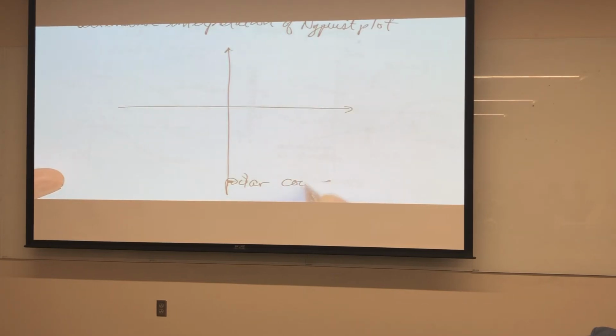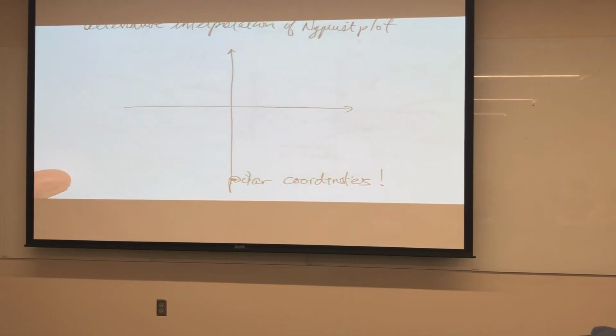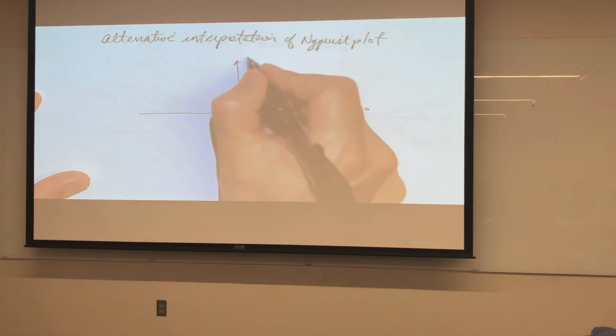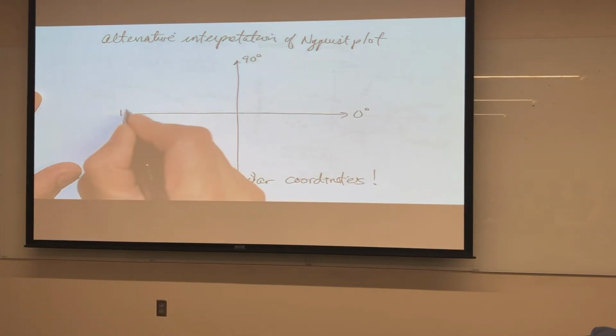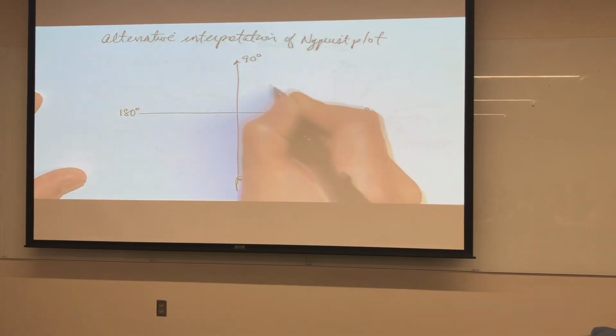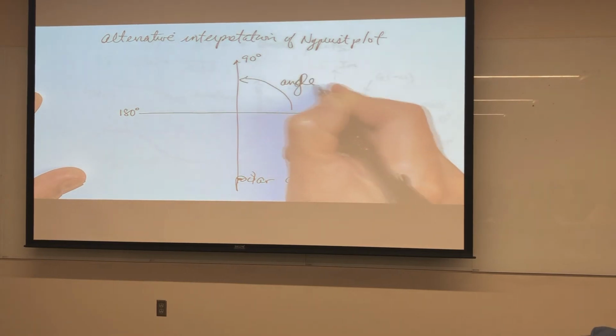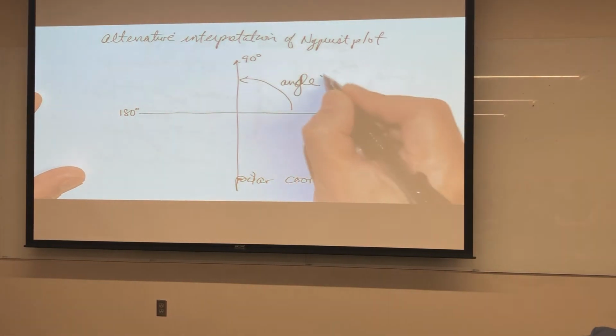So for polar coordinates, what we do is we call this 0 degrees, we call this 90 degrees, call this 180 degrees, and so forth. This is angle. This is positive angle.